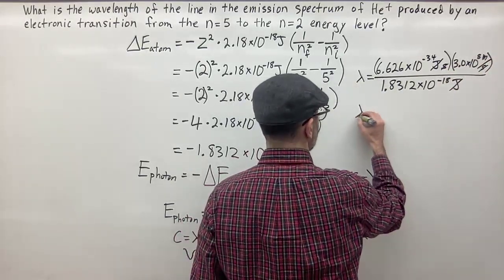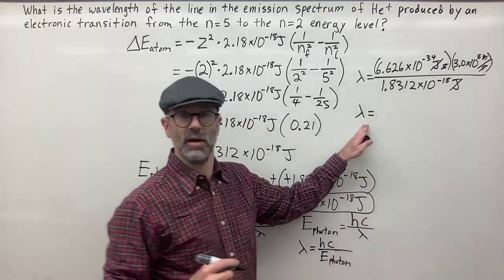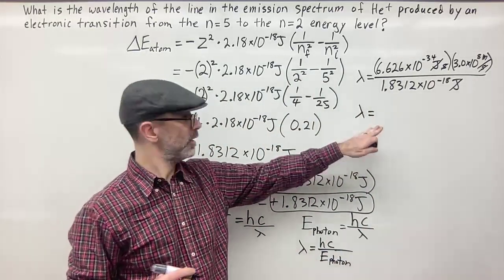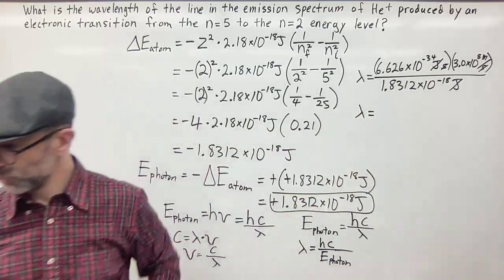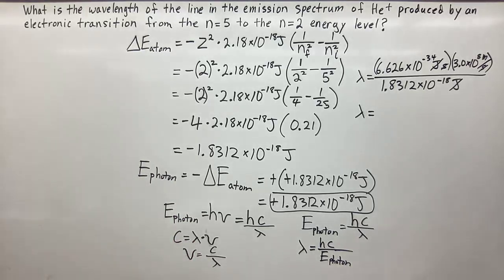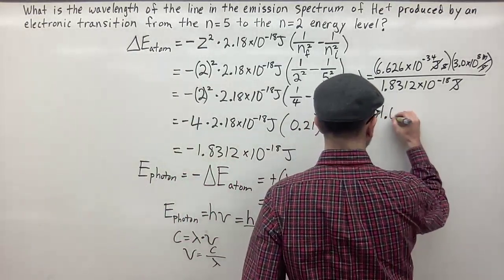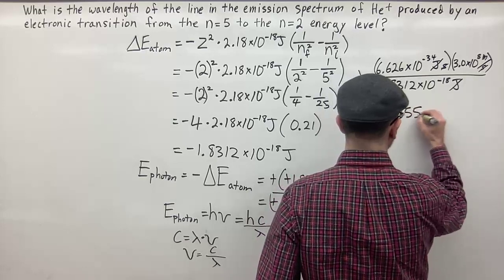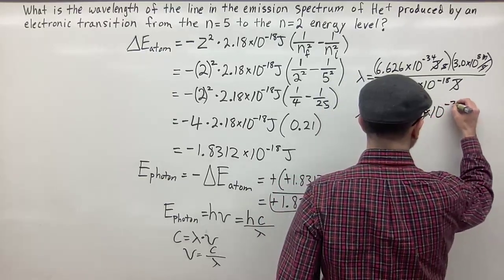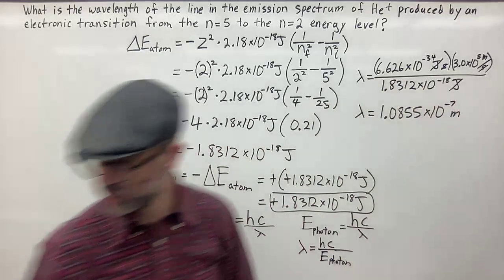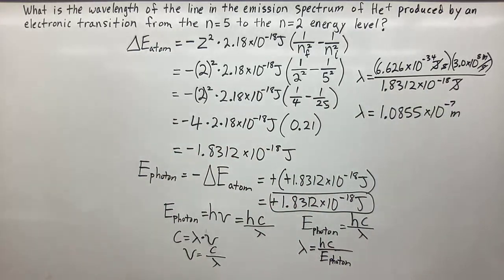So now I can calculate the wavelength of the photon in meters, and when I do that, it's going to be 1.0855 times 10 to the negative 7 meters. Let me double check to make sure I did that right. Negative 7. That is correct.